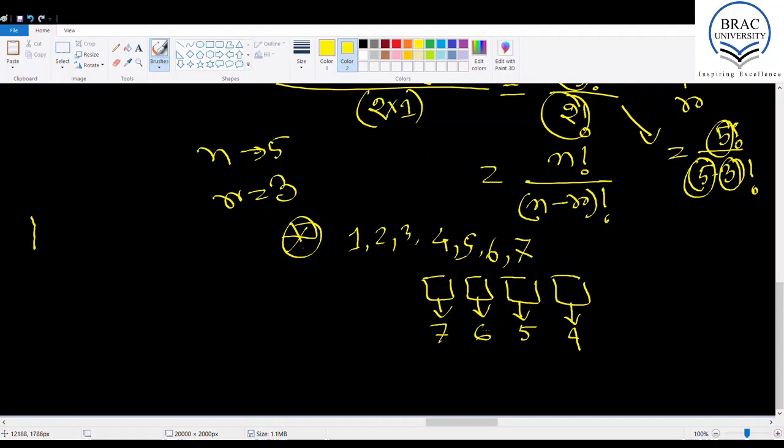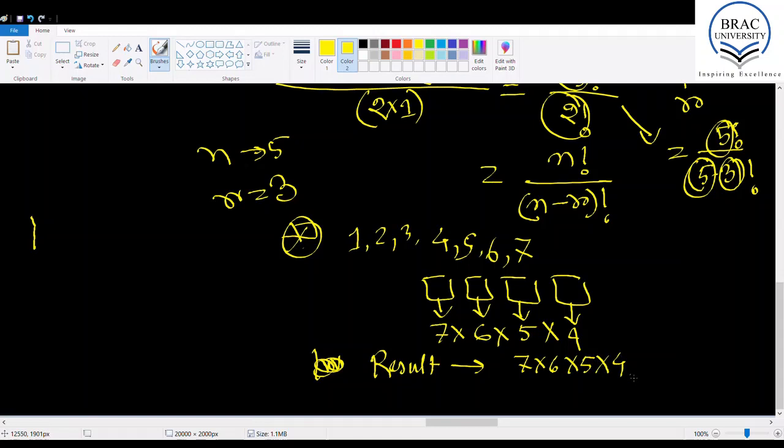So the total number of 4-digit numbers that you can make out of these 7 is 7 into 6 into 5 into 4.